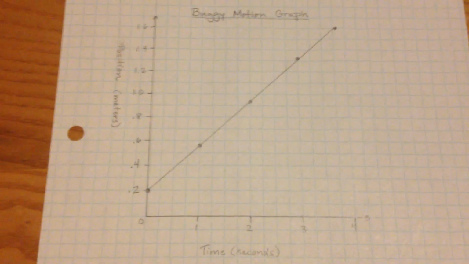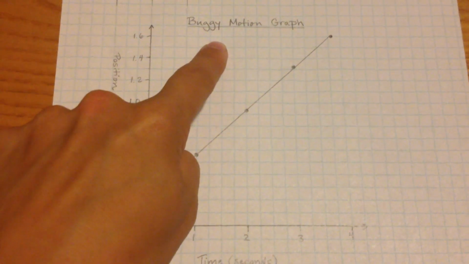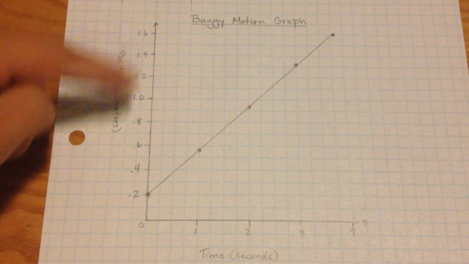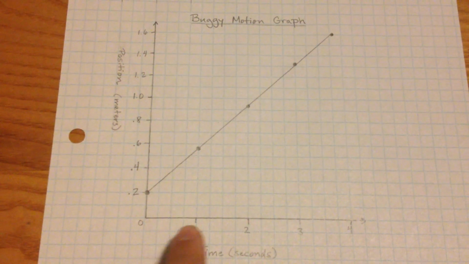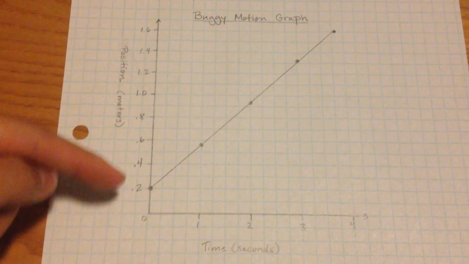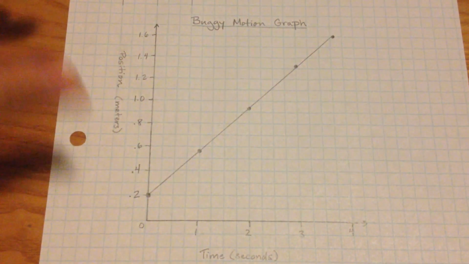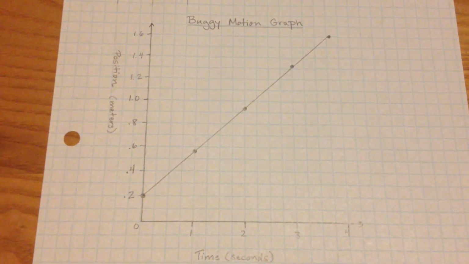What you can see about my graph is that I have a title. Titles are very important, otherwise you might not know what the graph is about. I've got a y-axis drawn and an x-axis drawn. And you can see that I made my intervals for where I put my numbers spaced out appropriately so that my graph is nice and squarish, and the graph fills the whole graph area.